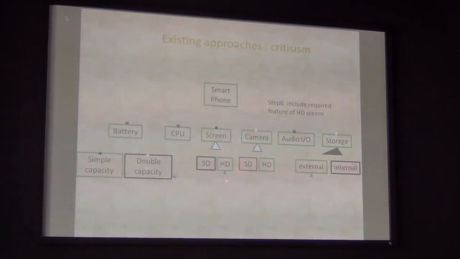The required feature of HD screen is double capacity. So we need to include double capacity also. And last, the seventh step is to exclude the alternative of screen HD, because we have selected HD. We need to deselect SD because it is in exclusion with HD. So we have 7 steps just to do one reasoning step, or configuration, of our product.